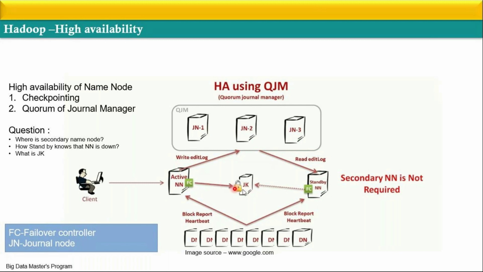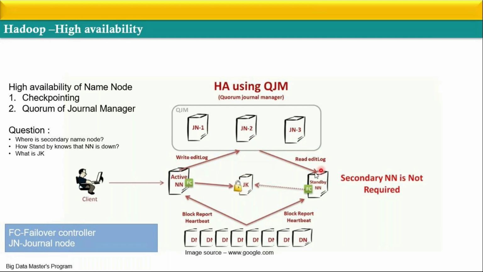Zookeeper is nothing but a manager which keeps on tracking whether the active name node is available or down. This is a resource tracking mechanism, and zookeeper keeps on tracking what is happening inside the cluster.